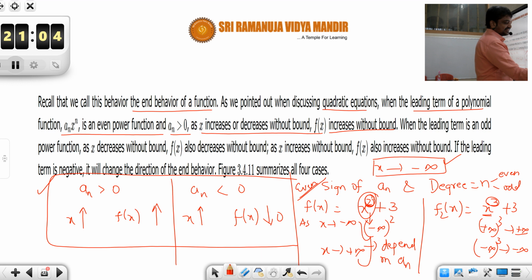Similarly, if the sign of an is negative, then this tends to minus infinity, and that tends to plus infinity. That means as x tends to plus infinity, when the degree is odd, the behavior is the same as the sign of an, whereas as x tends to minus infinity, it is the sign of minus an.